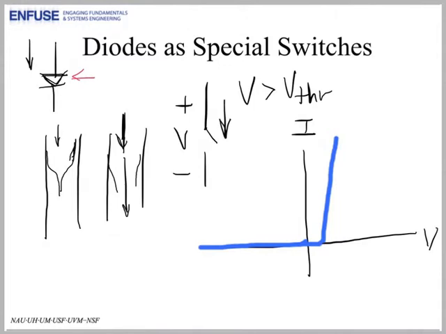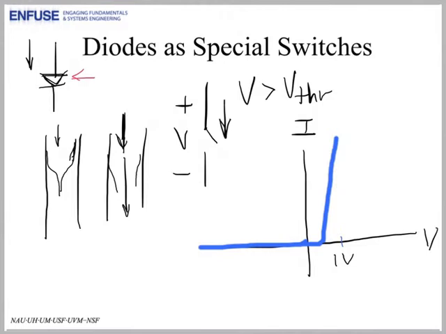So a diode is a switch that closes if the voltage exceeds a threshold, and this is usually something on the order of less than 1 volt. So maybe 1 volt is here.